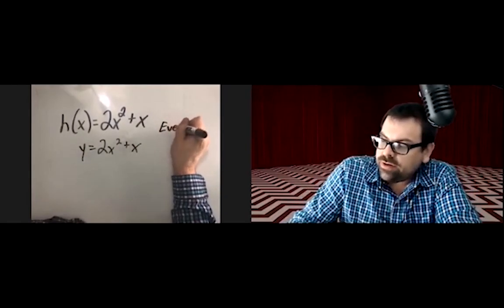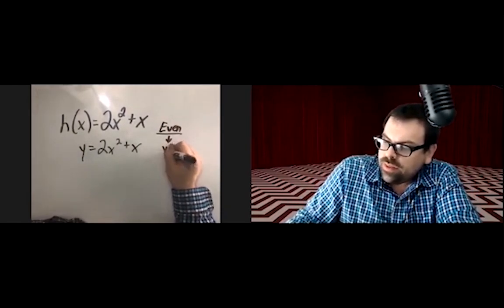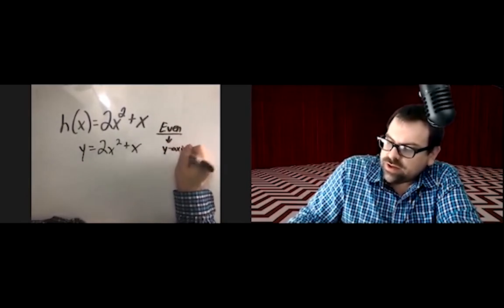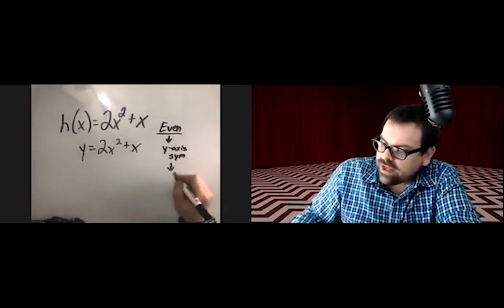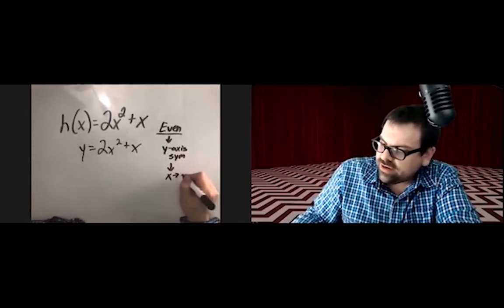For even, that's y-axis symmetry. That's replacing x with negative x.